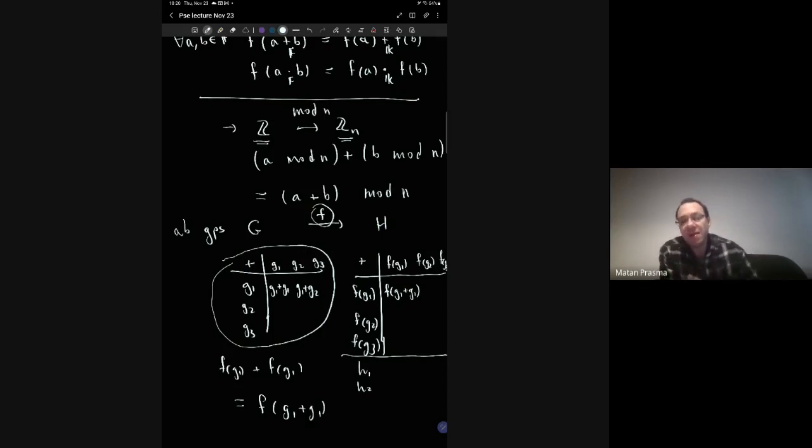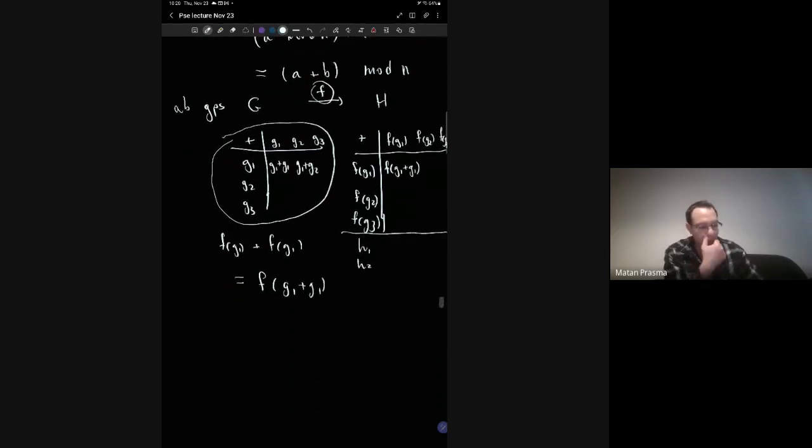Now, if F was an isomorphism, it means that it's injective and surjective. Then this list, F of G1, F of G2, F of G3, would be an exhaustive list of the elements in H, because the map F is surjective, and there will be no repetition because the map F is injective.